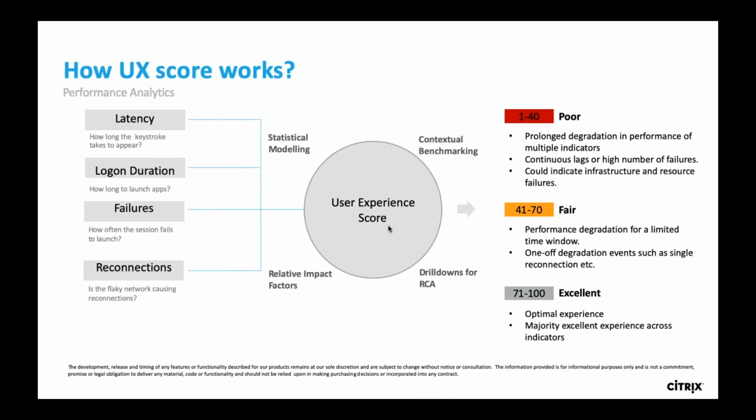When the system categorizes users under fair category, it means that the performance degradation was for a limited time window. It also means that there were one-off events where the user was able to recover from poor experience and acquire a great session. Excellent experience indicates that this is the top 10 percentile of users who were consistently having great experience across all the factors.